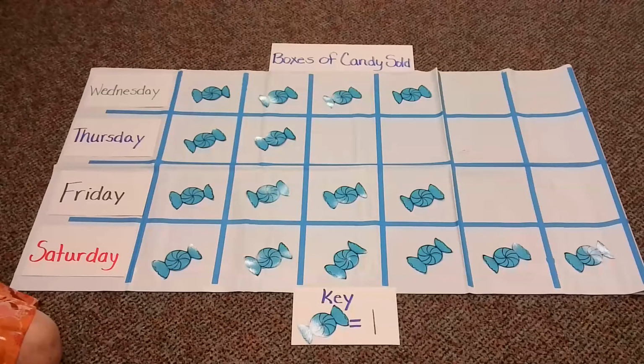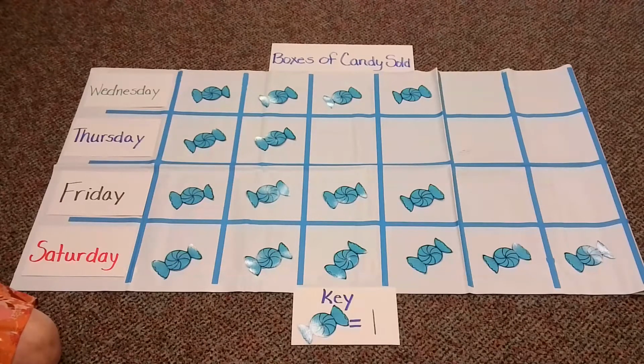But since we're only talking about a small number, it's easy for me to show each candy piece by 1. All our information is already put into our pictograph, so I don't have to worry about gathering the information.